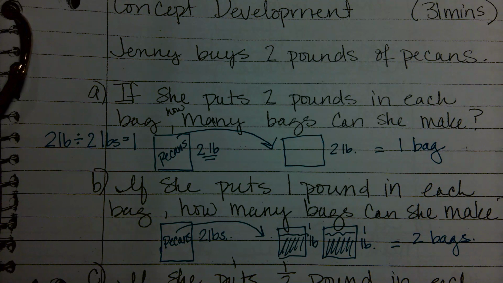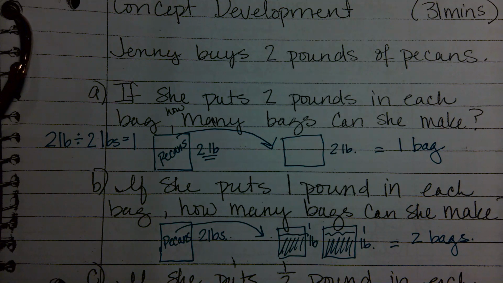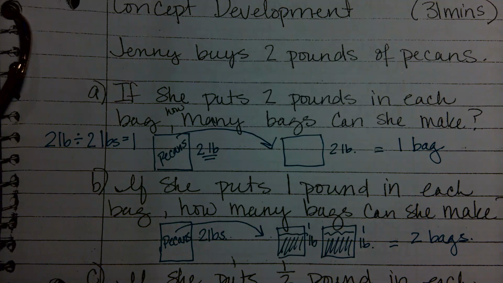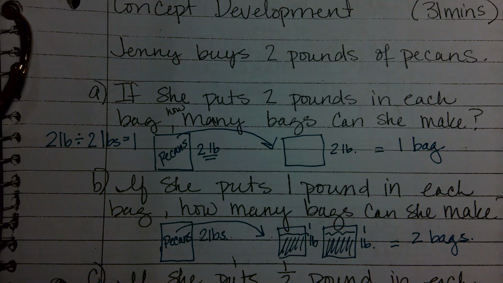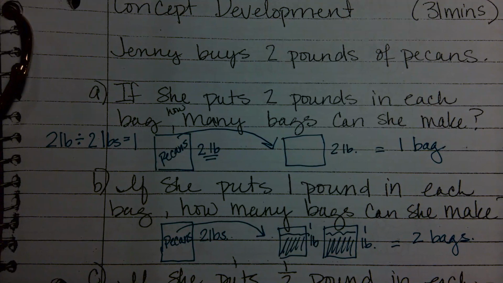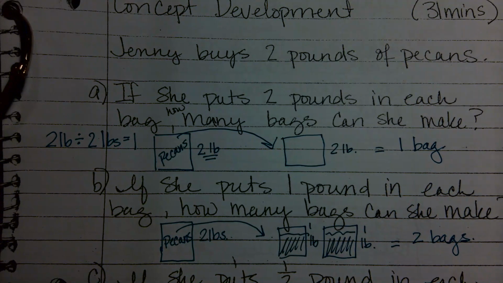And then now I have 2 divided by 1 is going to be 2. So now she has a 2-pound bag, and we're going to divide that into 1/2 pound bags.